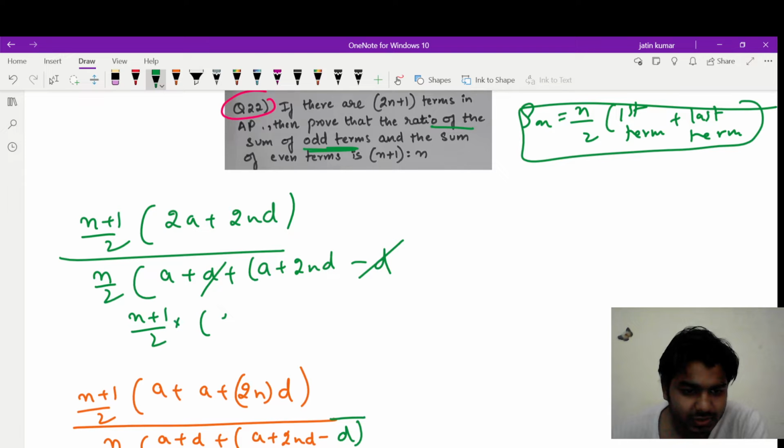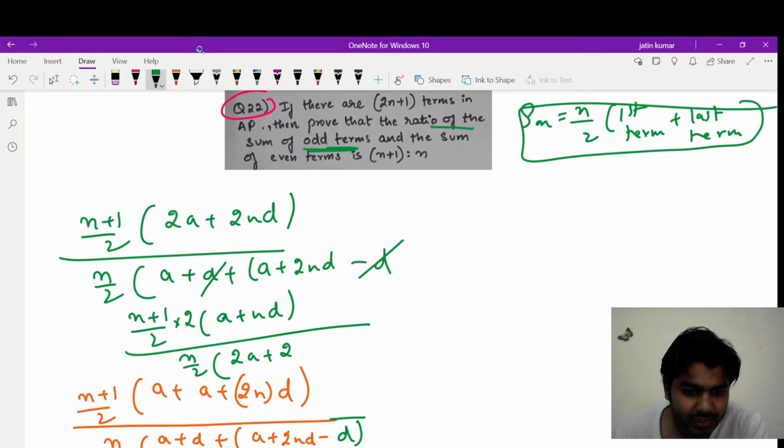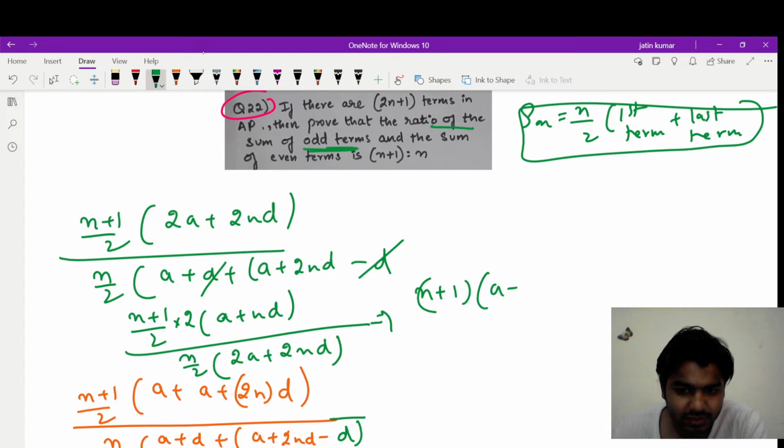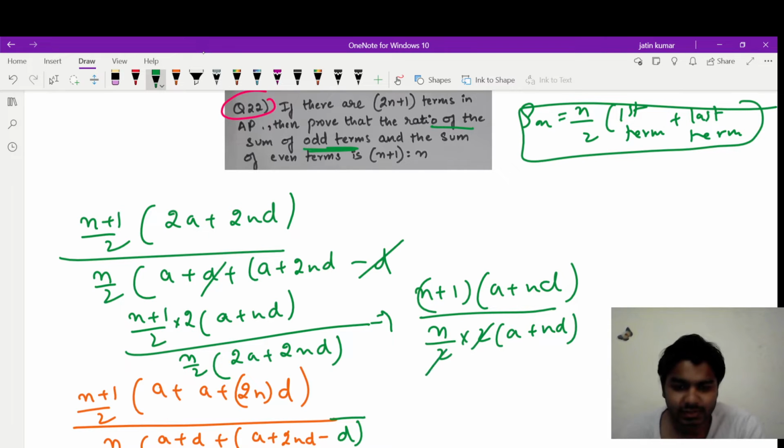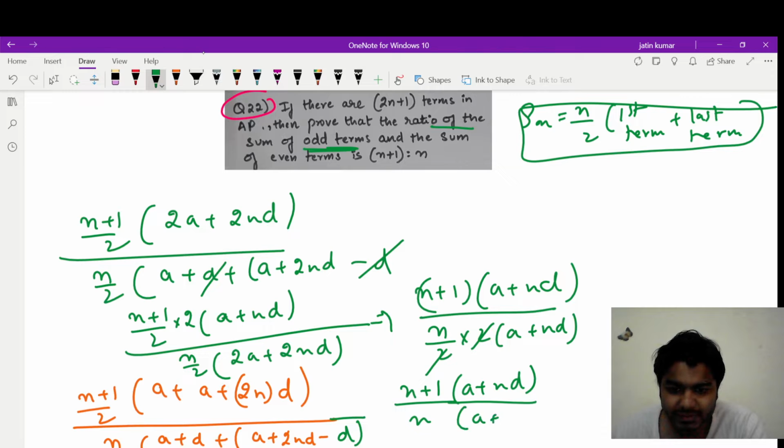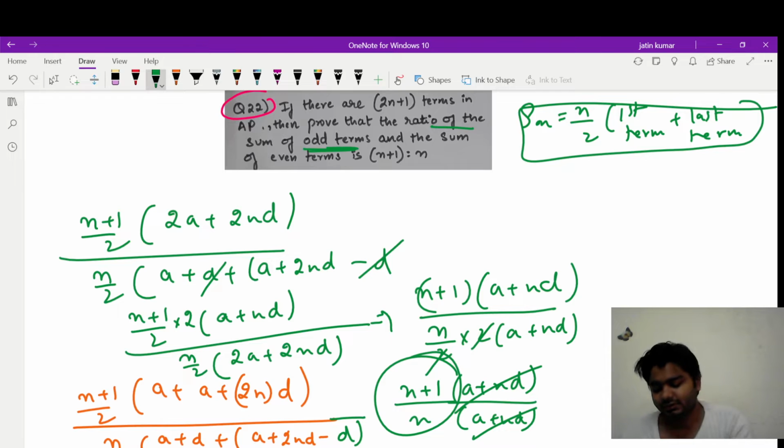Take 2 common from the top, so 2 times (a plus nd) on top, and below n by 2 times (2a plus 2nd). If I take n plus 1, 2 and 2 will get cancelled, so a plus nd on top, and below n, 2 comes out again, so inside we are left with a plus nd. 2 and 2 will get cancelled and we are left with (n plus 1) upon n into (a plus nd) upon (a plus nd). a plus nd and a plus nd will also get cancelled and we have got our answer. So we have proved it.